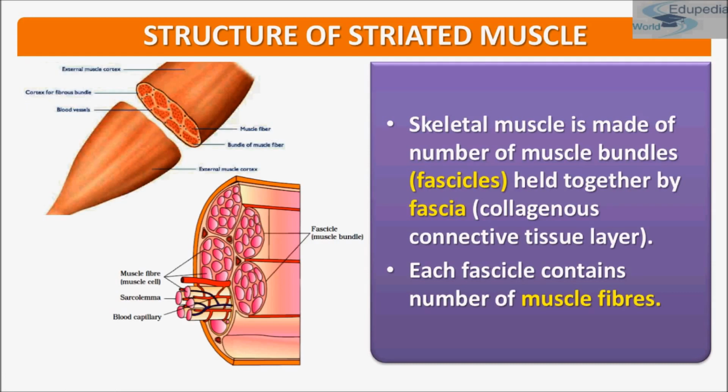And please note that since muscle cells are elongated and cylindrical, as you can see they are cylindrical in nature, each muscle cell is usually called a muscle fiber. In skeletal muscle, the muscle fibers are very large and multinucleated and up to several millimeters in length.